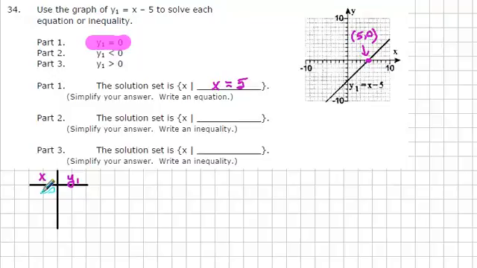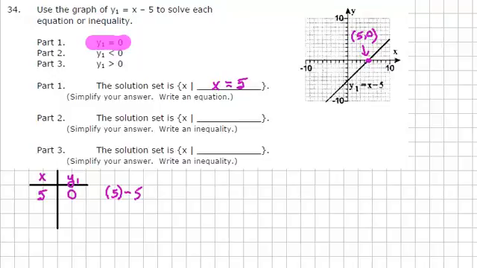When x is 5, our equation says that we need to take the x value and subtract 5. So we substitute 5 for x and take away 5, and 5 minus 5 is 0. So when x is equal to 5, y1 is equal to 0.